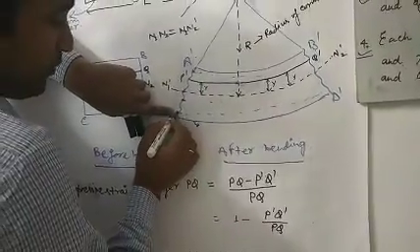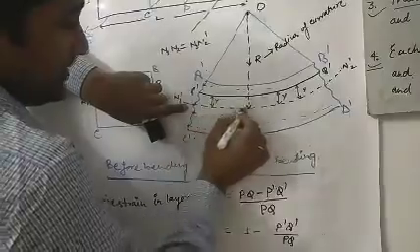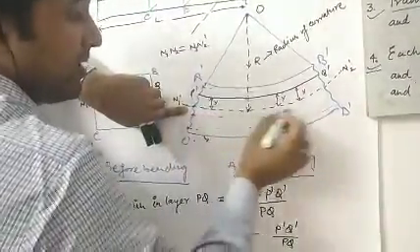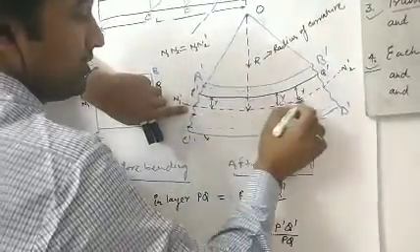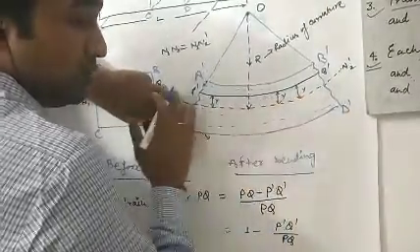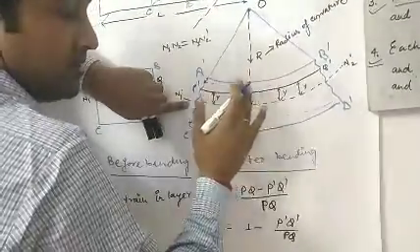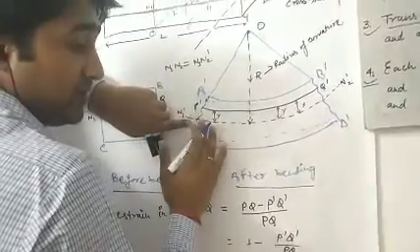And when we start moving in this direction, then we will find that there is a layer which has no expansion, right? This layer is known as the neutral layer, which has no compression, no expansion. This layer is free from any kind of deformation, right?